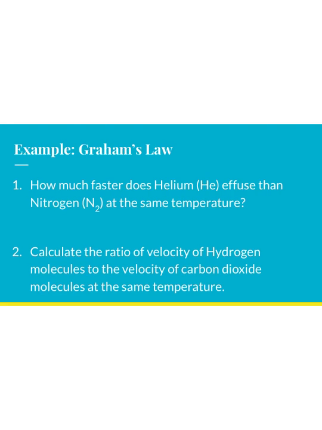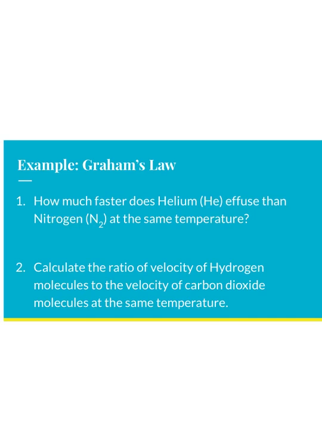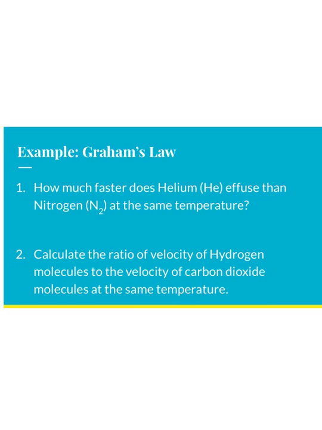Okay, so the ratio of the velocity of hydrogen molecules to the velocity of carbon dioxide molecules. My hydrogen, again, is going to be diatomic, so it's going to have a mass of 2. My carbon dioxide has a mass of 44. I'm going to set this up the exact same way.